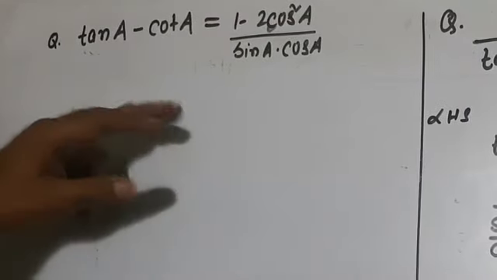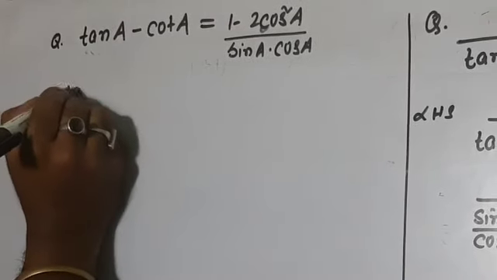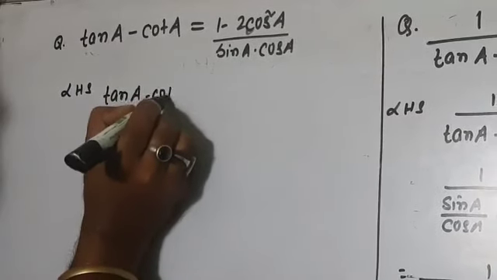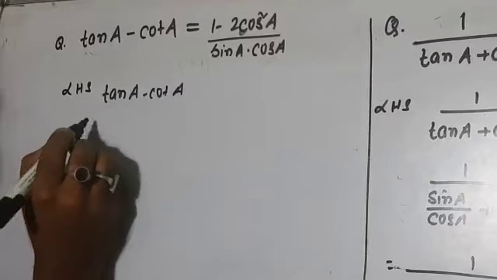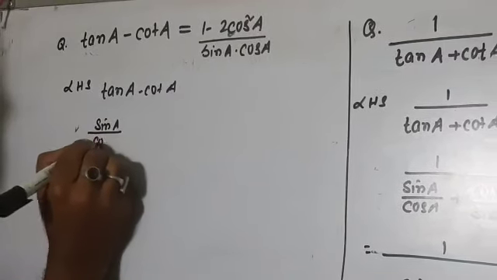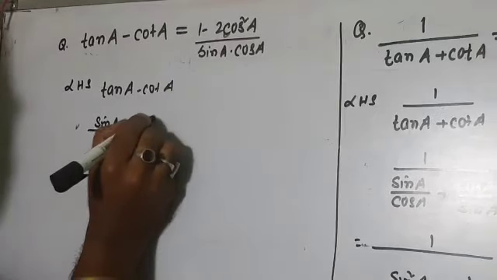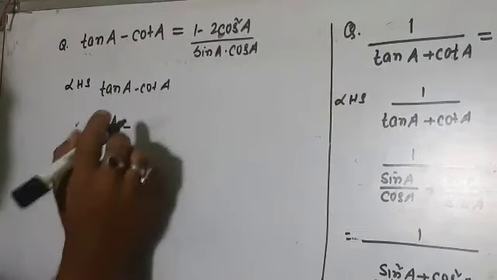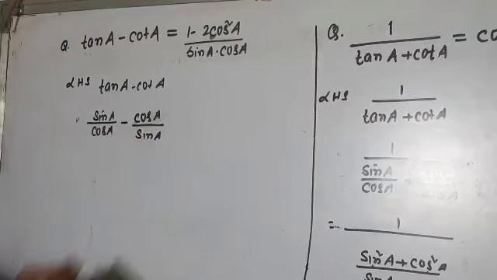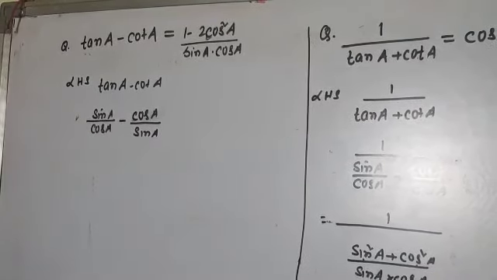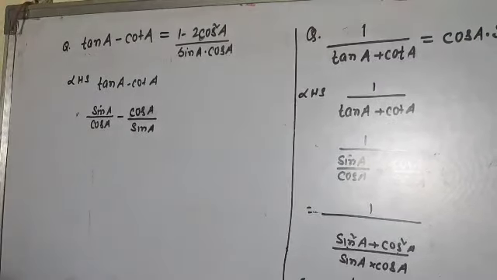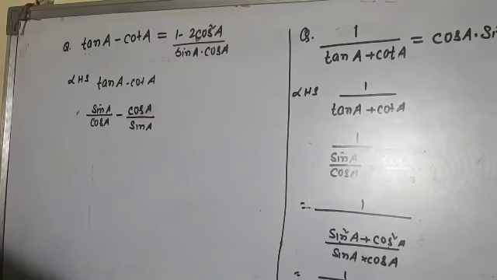So here LHS we take tan a minus cot a. So tan a we can change to sin a by cos a, and cot a we can change to cos a by sin a.